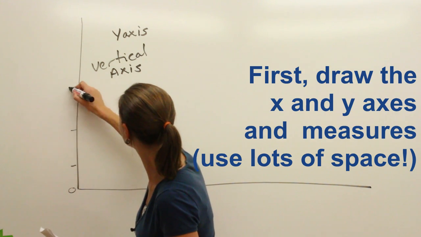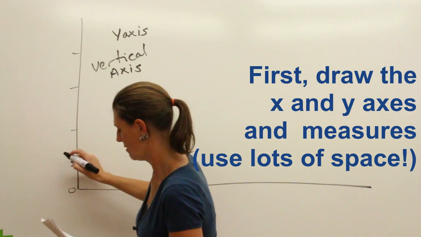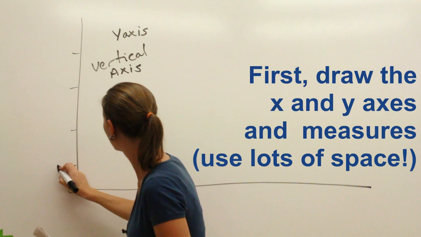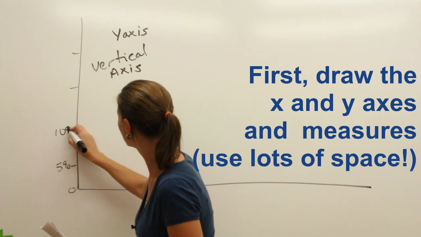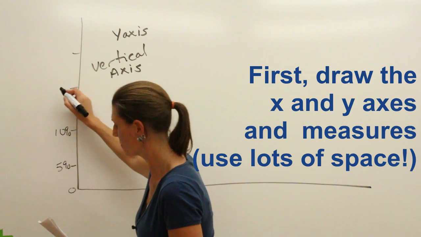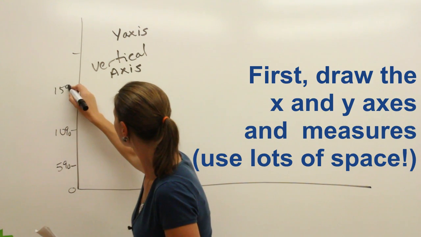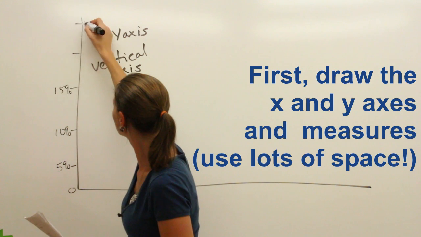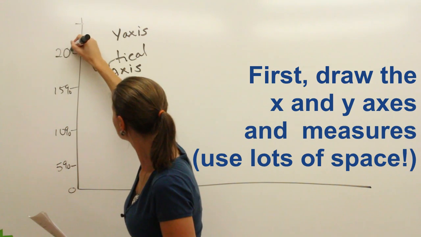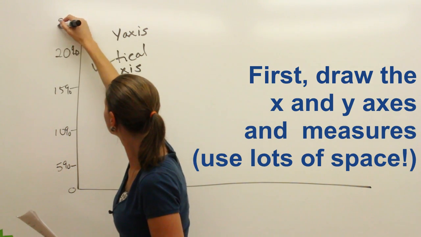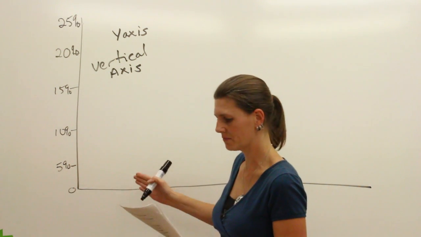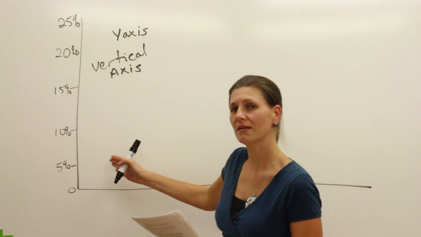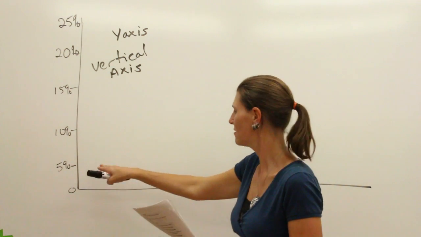This will be 5%, 10%, 15%, 20%, and 25%. So that is your vertical axes.